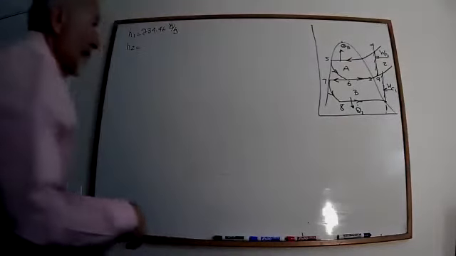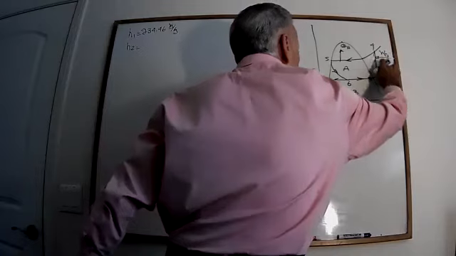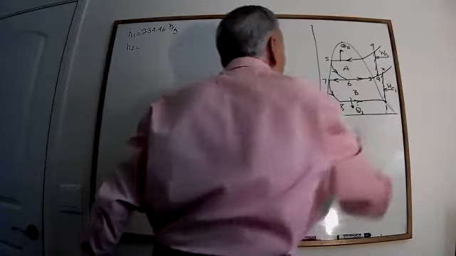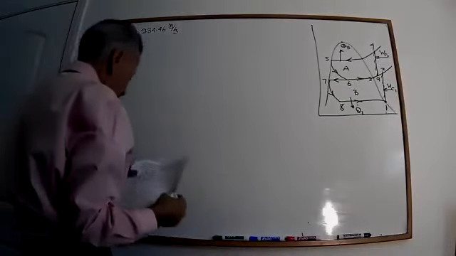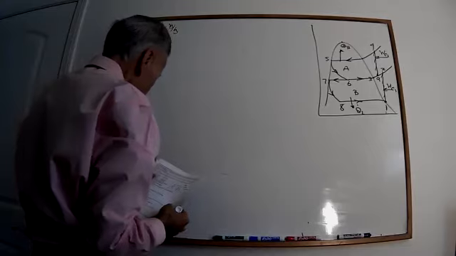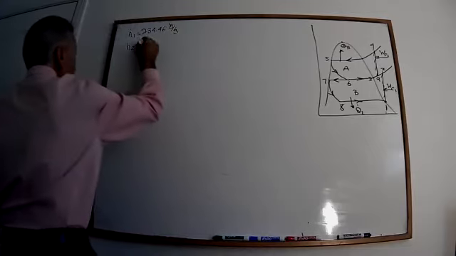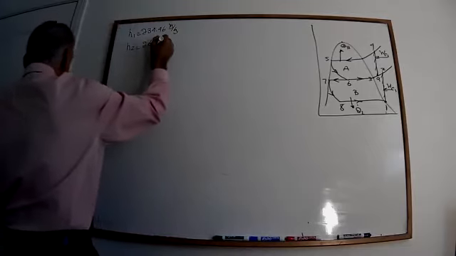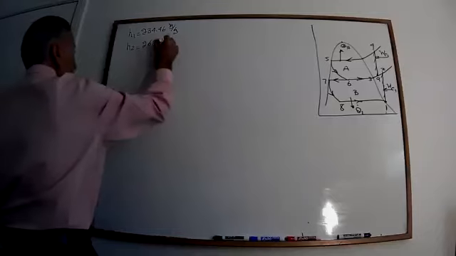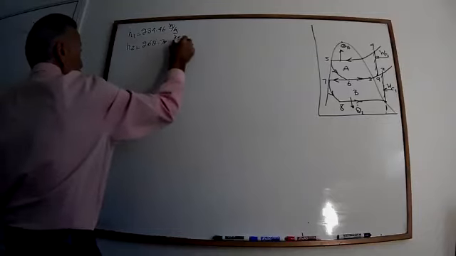Don't forget that. So the value of H2 becomes 262.70 kilojoule per kilogram.